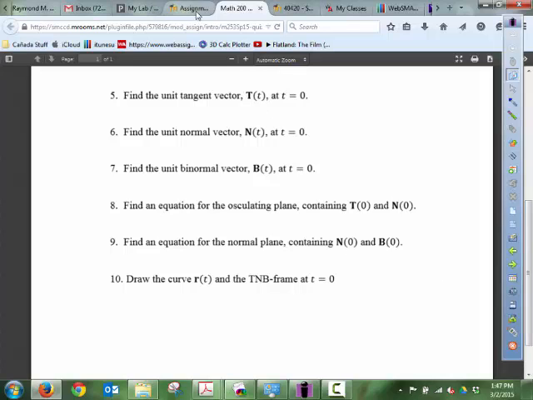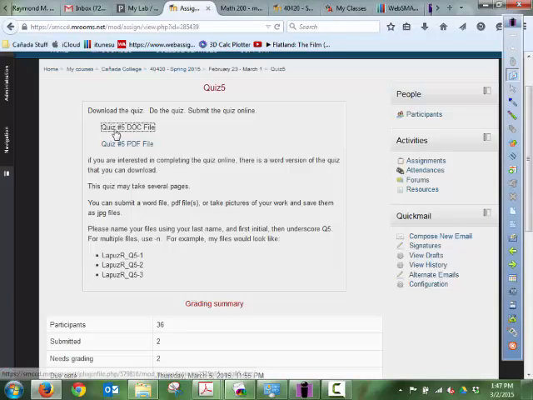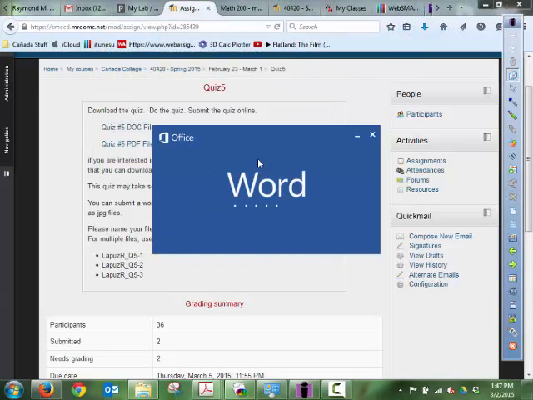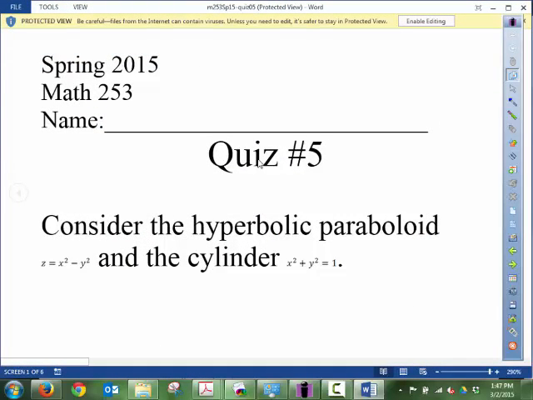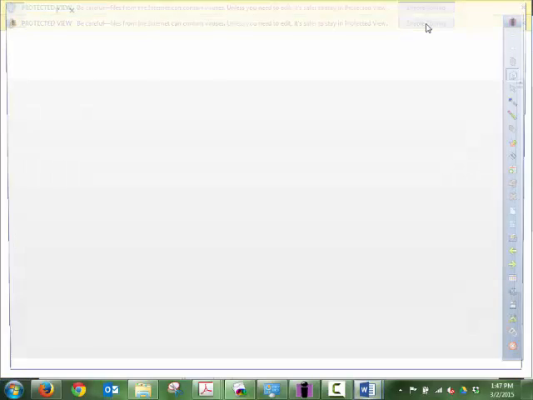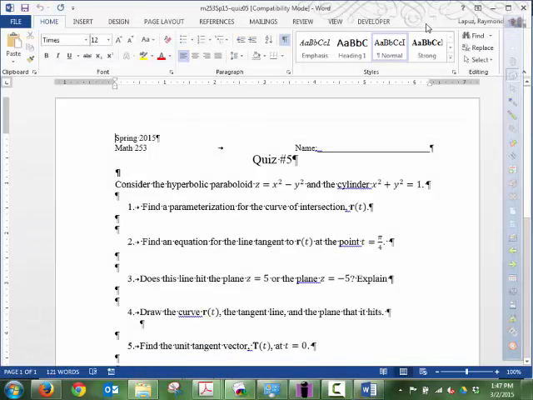There's a doc file here also, so you can just type right on the document, and if you have any pictures, you can just copy and paste them on. But there's a 10 megabyte limit on the files that you submit, so don't make it too big. Or you can just do everything by hand, and then you'll have several pages, and you can either scan them or take pictures of them and then upload that.